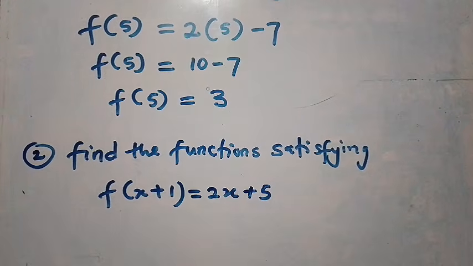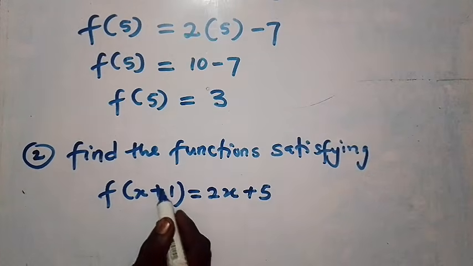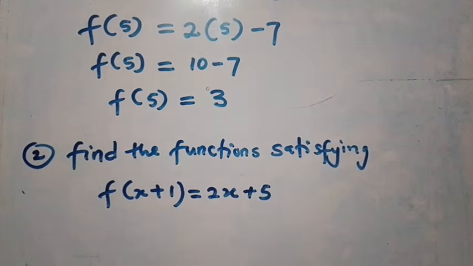Find the functions satisfying f of x plus 1 equals 2x plus 5. This is unlike the first example, whereby we are looking for f of 5. Whenever you are having a function like this, x plus 1, if any basic operation, either plus or minus, or division comes in between the variables, we will replace that by a new variable, which is t.